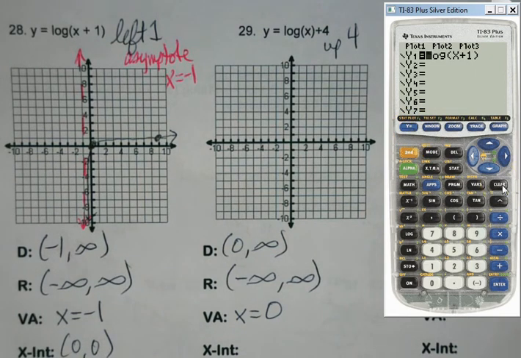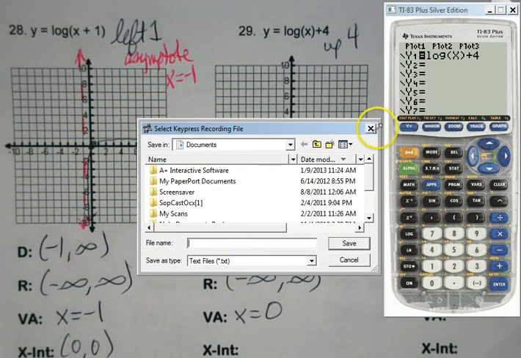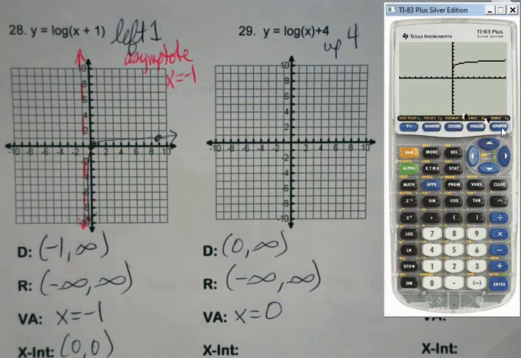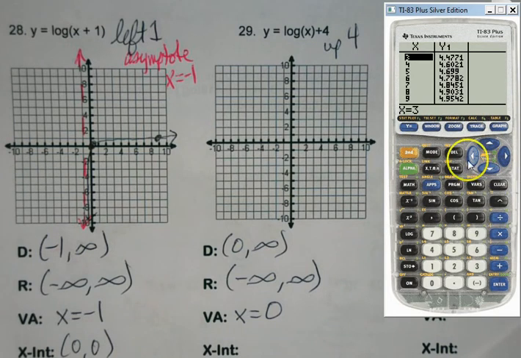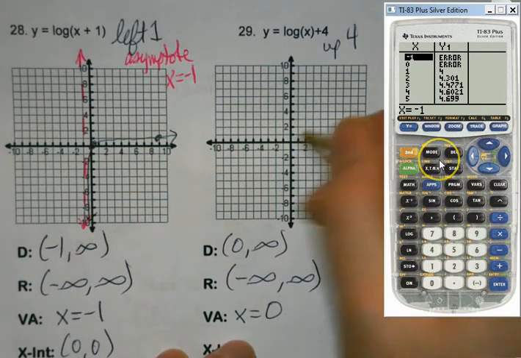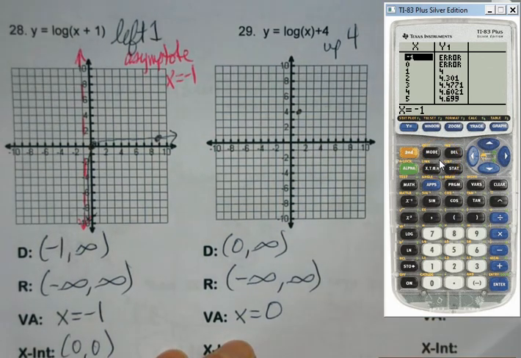So when I go to graph here, when I type this one in, I've got to make sure I close my parenthesis before I do the +4, because otherwise I'll get a left shift instead of up. So I start to look, and I'm like, okay, I got a point at 1, 4.